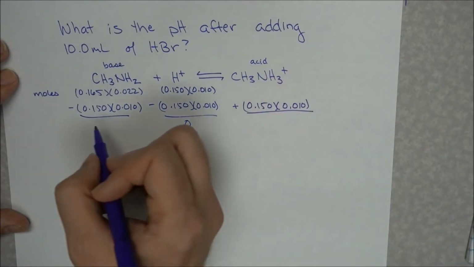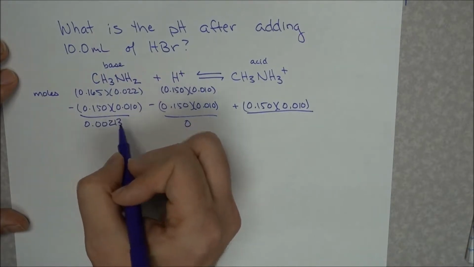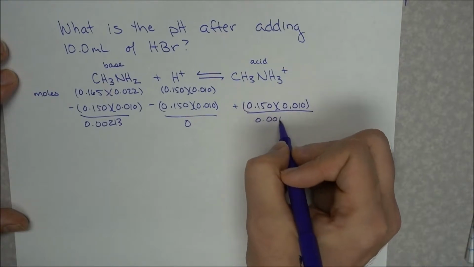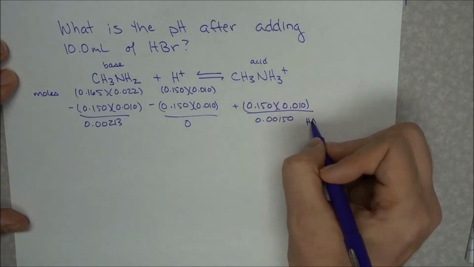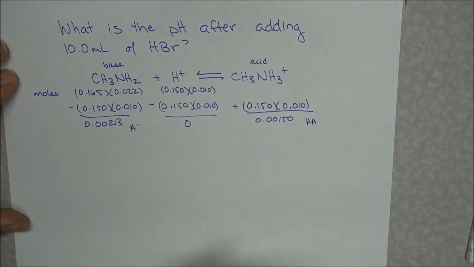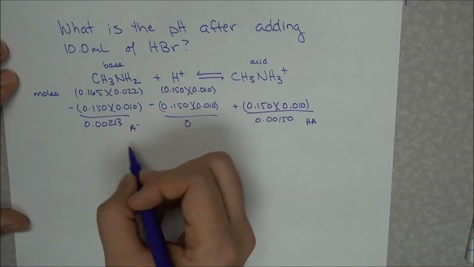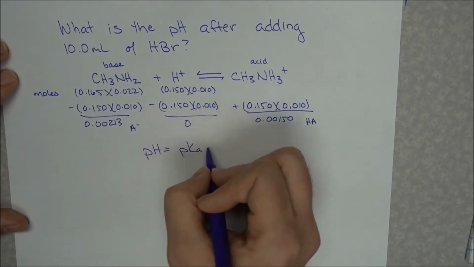When we do this math, we get 0.00213 moles of our base and 0.00150 moles of our acid. So this is sort of our HA, and this is our A minus for the Henderson-Hasselbalch. What we also need is the Ka for this to use our Henderson-Hasselbalch. There's our Henderson-Hasselbalch equation.